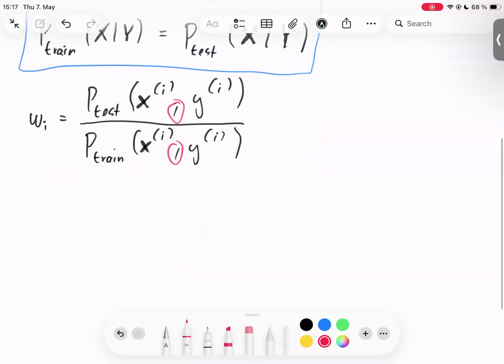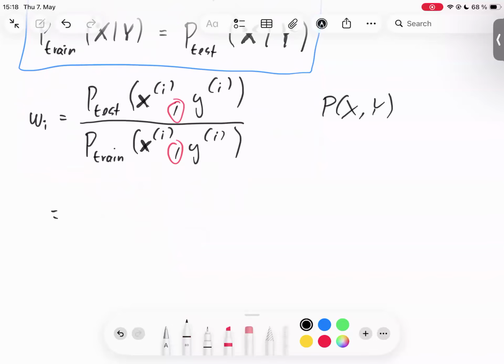And just as a side note: if I have a probability of x and y, I can re-express this as p of x given y times p of y.